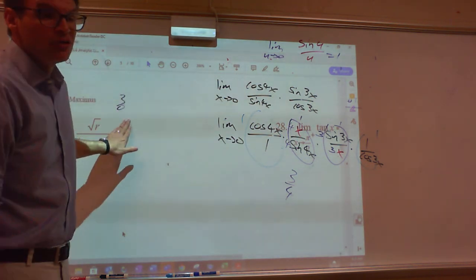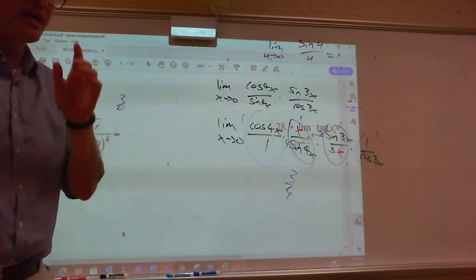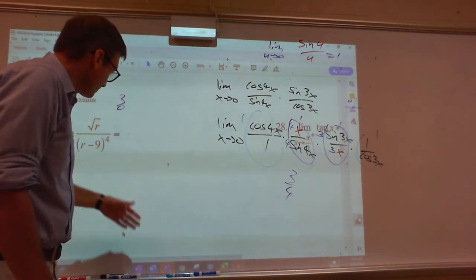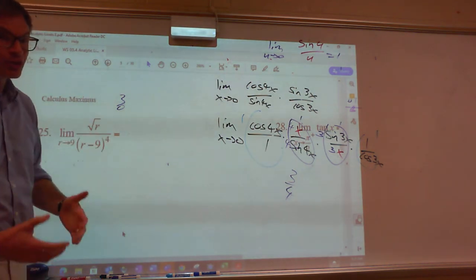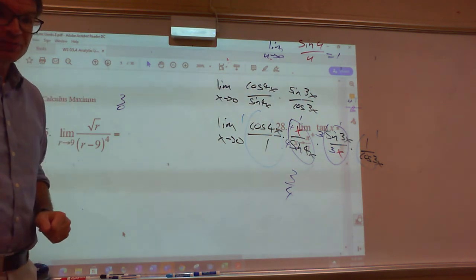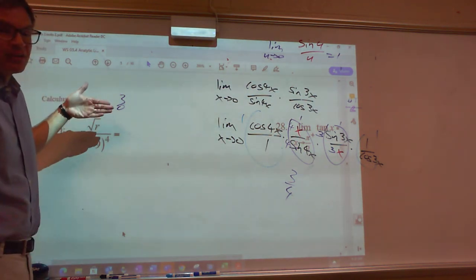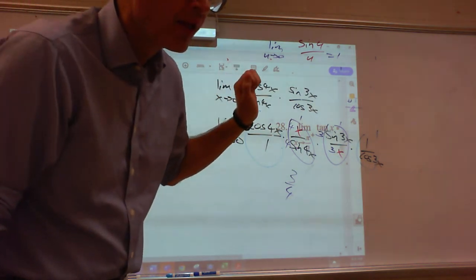This is not an indeterminate form. Anytime you get number over 0, you can tell me what's happening. Hey, if it's 0 over 0, that means you got to do more work, but I got 3 over 0. I don't have to do any more work. I should be able to know what my answer is at this point. And anytime I get 0 on the bottom, that means I get a vertical asymptote.